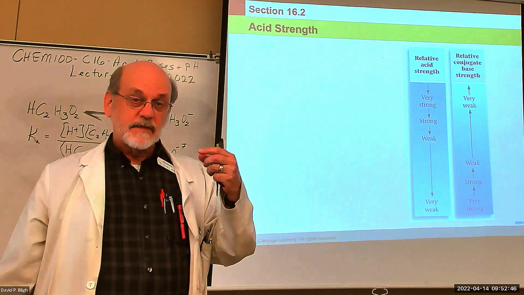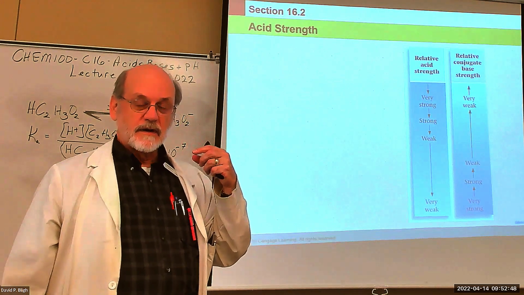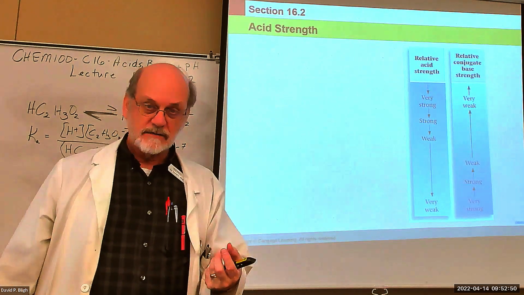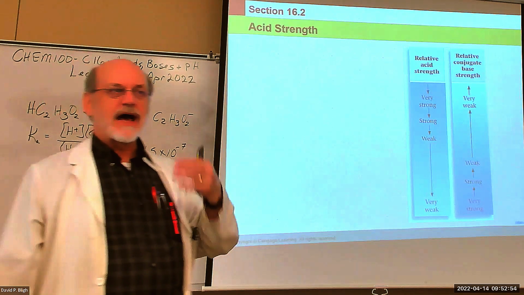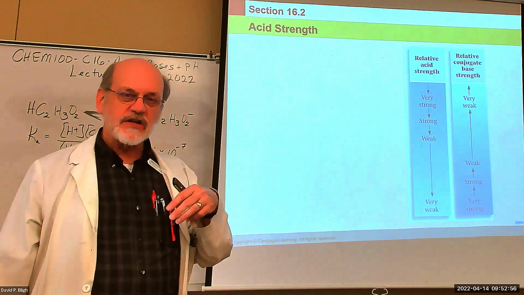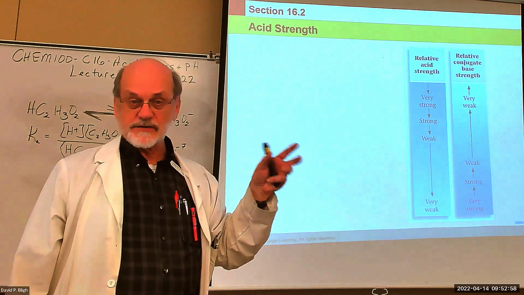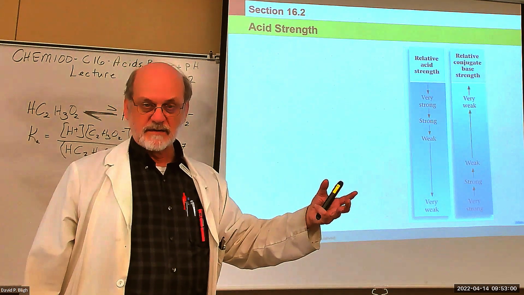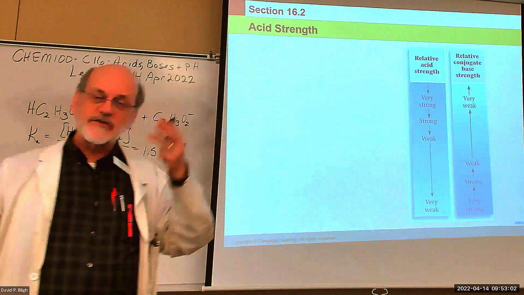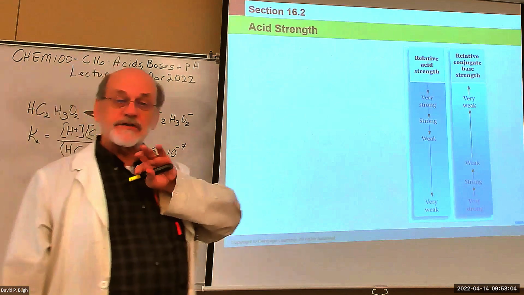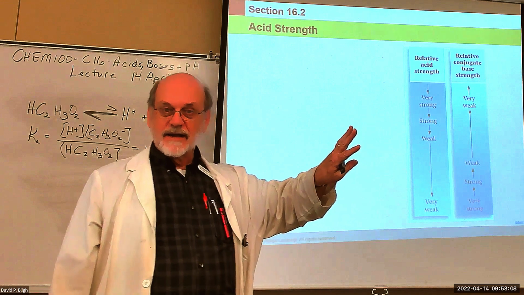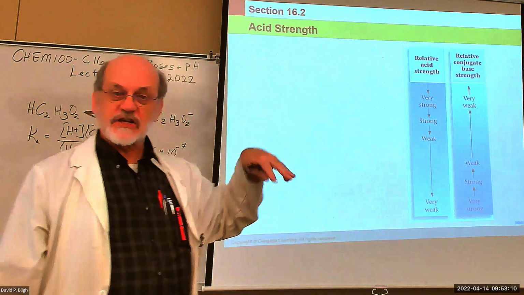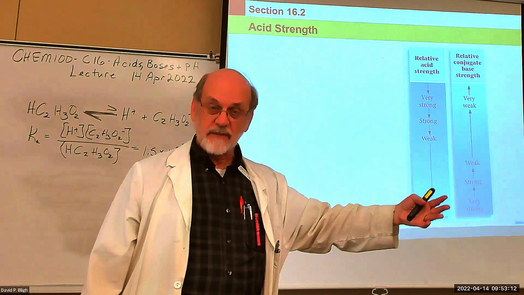The other concept is to recognize that if you have a strong acid, it produces the conjugate base. Say hydrochloric acid produces a conjugate base, Cl minus, the chloride ion. Well, if the acid is strong, that means it wants to give up that hydrogen completely. And once it reaches the conjugate base side, does it want to come back?